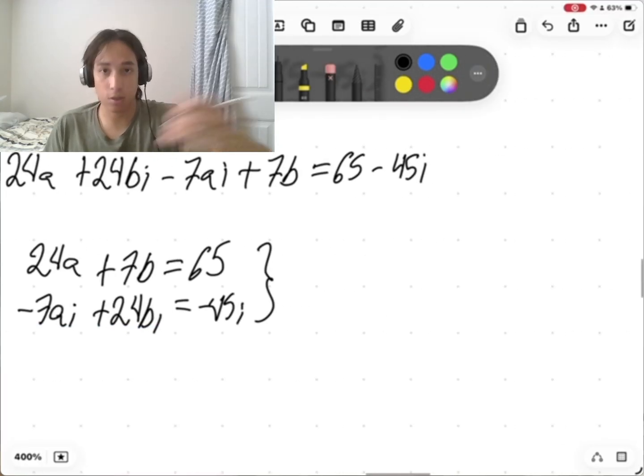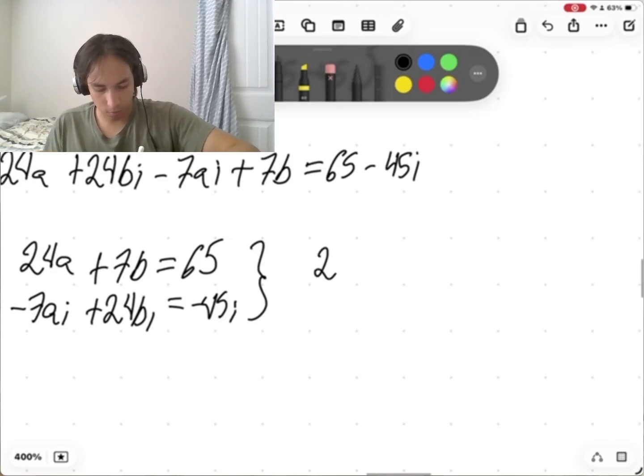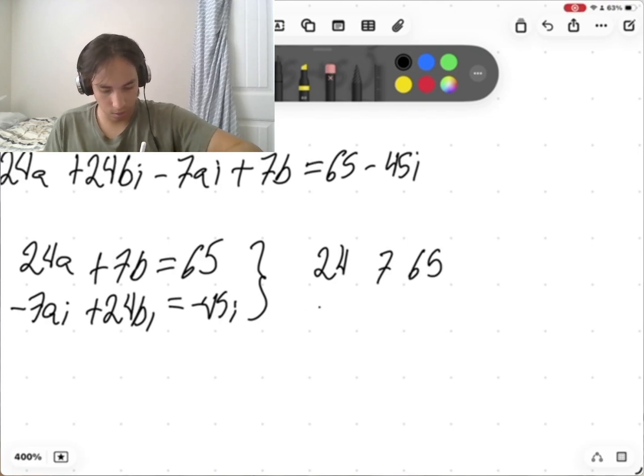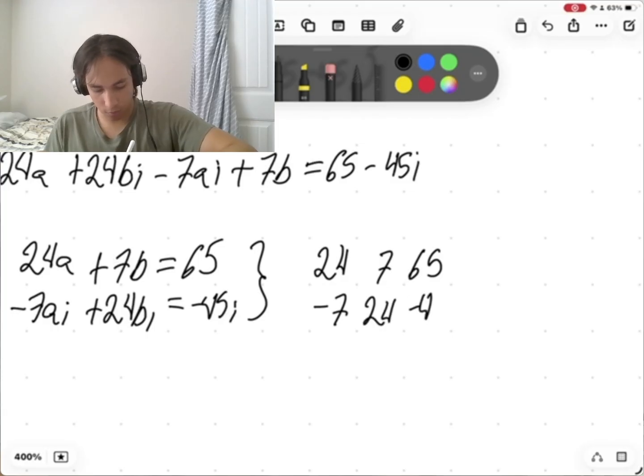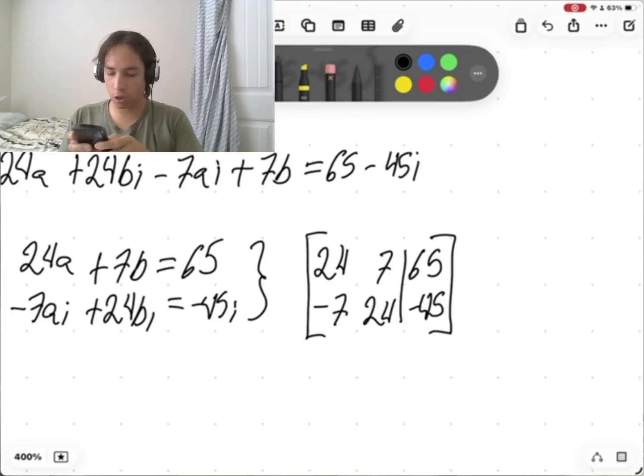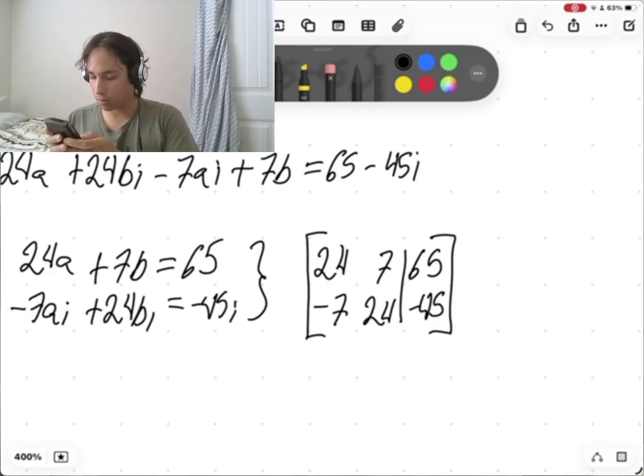So we can put this into an augmented matrix. So we get the matrix 24, 7, 65, negative 7, 24, and negative 45. Now we use our calculator, and we do syssolve.